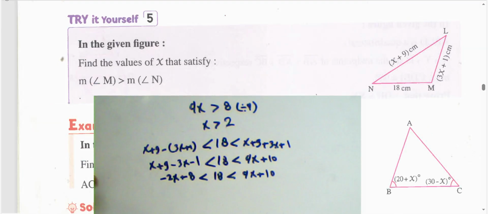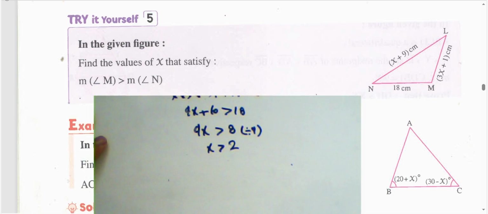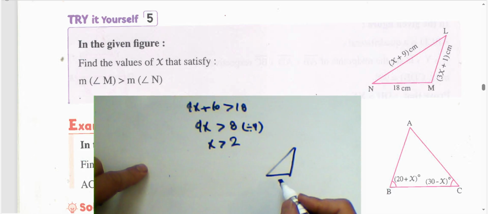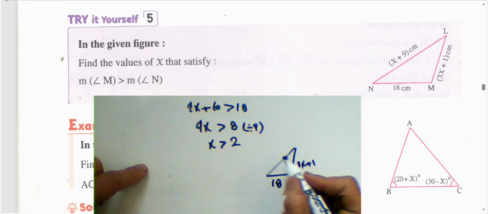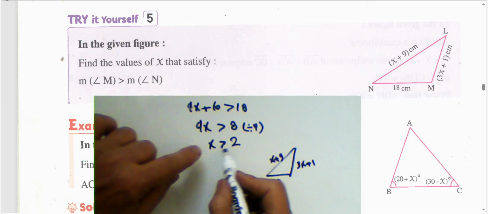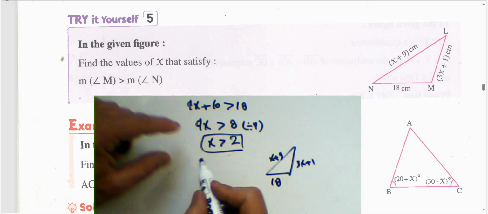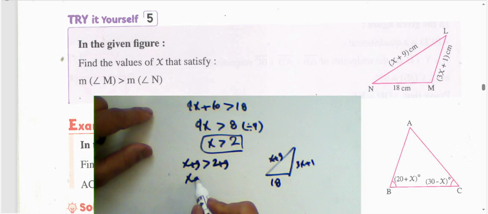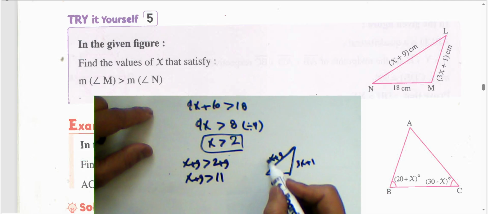My students, I will put here a number greater than 2 to find the answer. We have a triangle like this, and here 18, and we have 3x plus 1 and x plus 9. First step, I will add 9 to the left hand side and right hand side, then x plus 9 is greater than 2 plus 9, so x plus 9 must be greater than 11. The side here is greater than 11, okay?